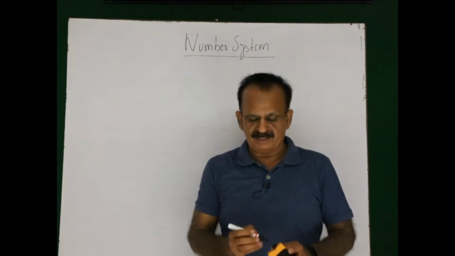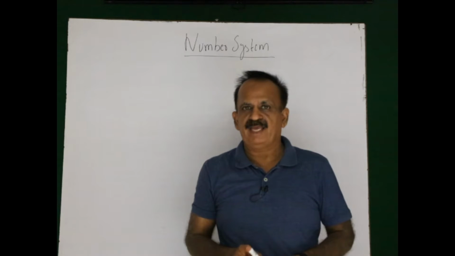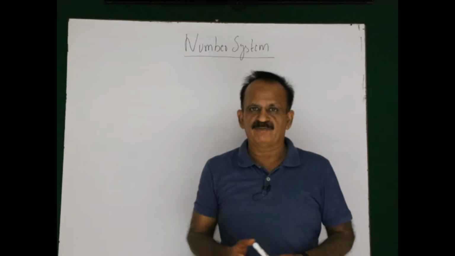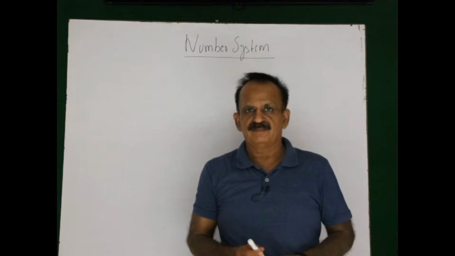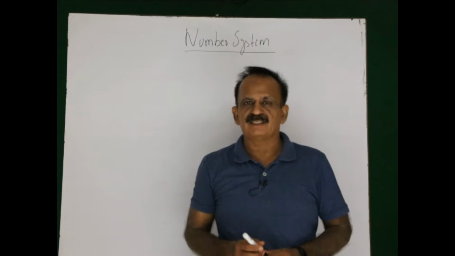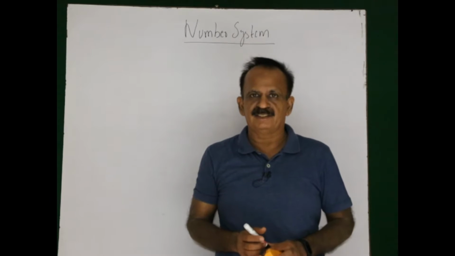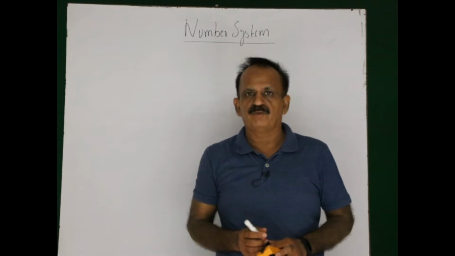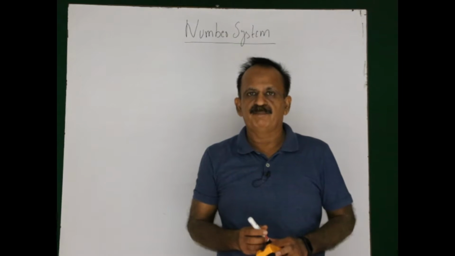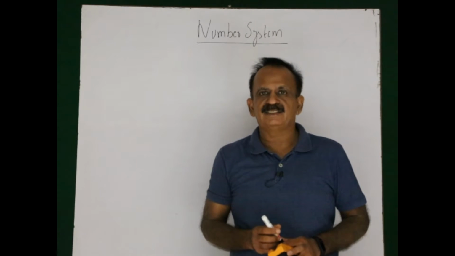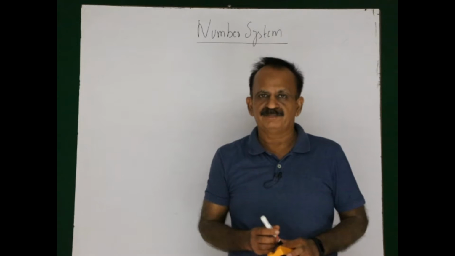We discuss the base or radix of the number system as the maximum number of digits in the number system, as decimal number system is with base 10 because it contains 10 basic digits 0, 1, 2, 3, 4, 5, 6, 7, 8 and 9. Octal number system, the base is 8, the digits are 8, 0 to 7.